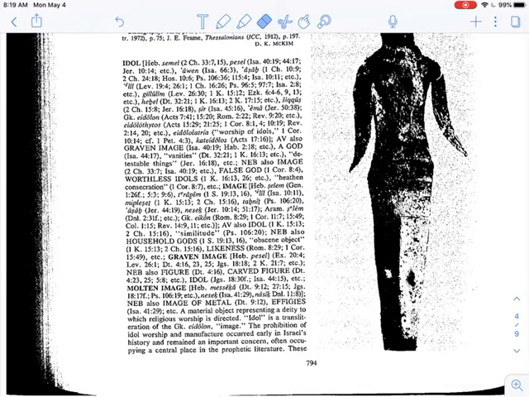Big ones, little ones, small ones, metal ones, wooden ones you might use personally versus ones you might use in a temple setting. And it lists all the different Hebrew words and the verses that use them.